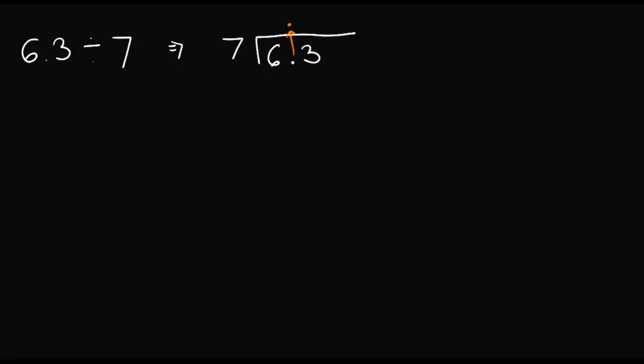So just to recall, these are the components in dividing. So if we have A, B, and C, this one is called the divisor, this one is called the dividend, and this one is called the quotient.